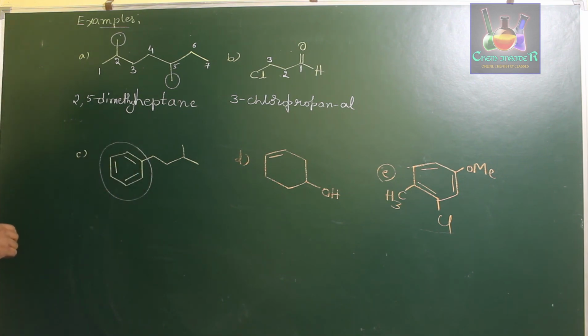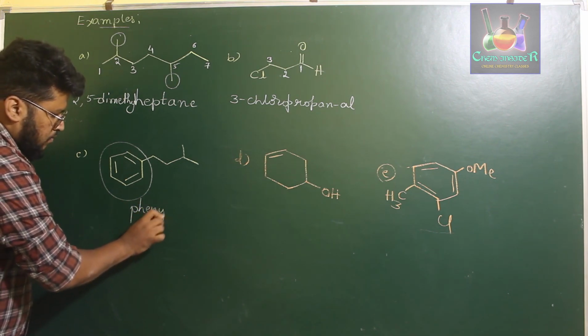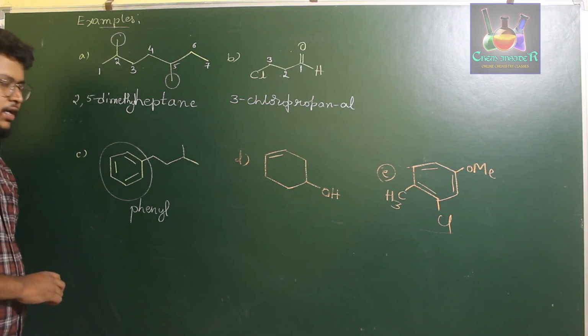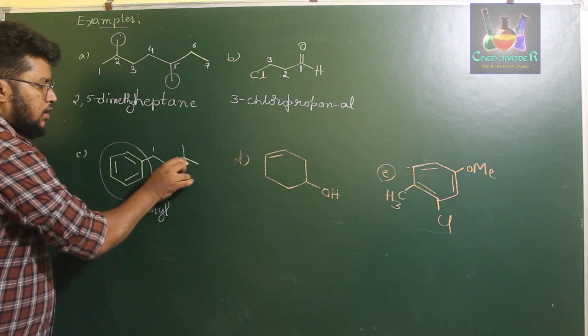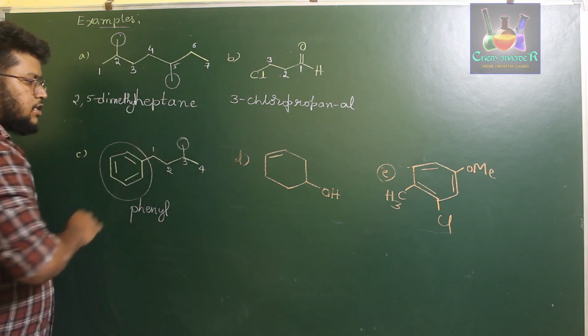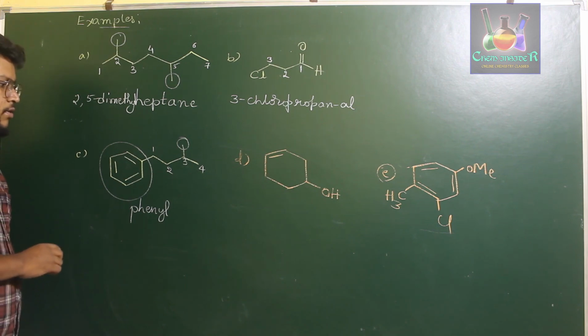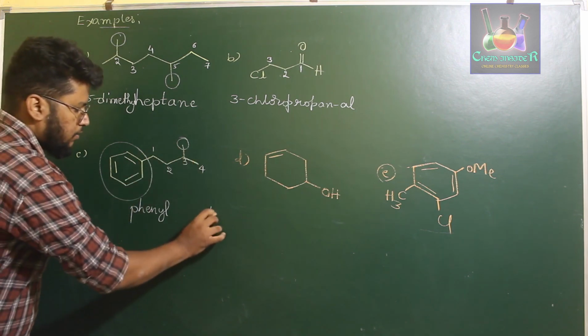Therefore, now the benzene ring is considered as a substituent which is given the prefix phenyl. This is the phenyl group, and the number of carbon atoms is 1, 2, 3, 4. So then we have one more substitution at this position. Okay. So now this is a 4 carbon chain named as butane.